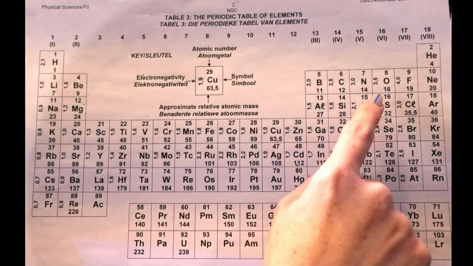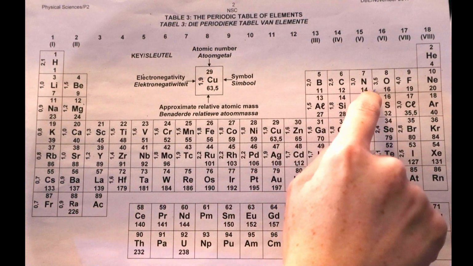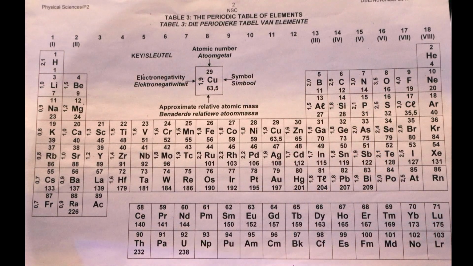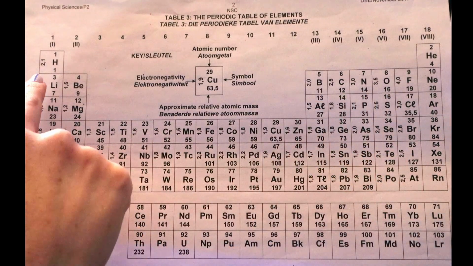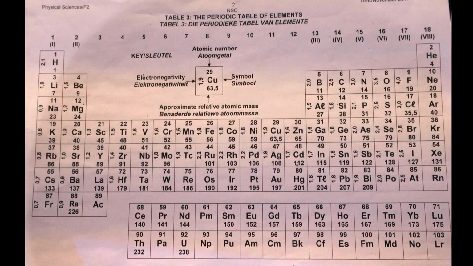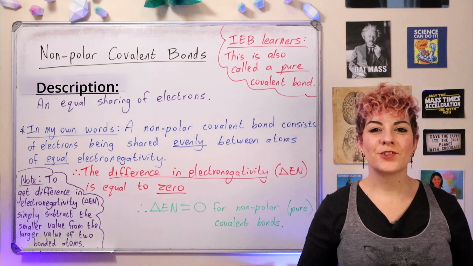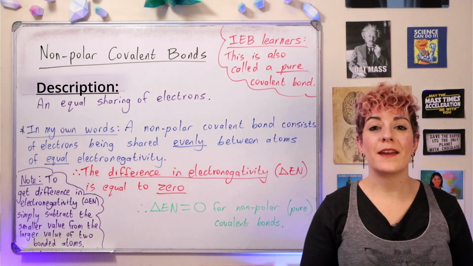For example, the electronegativity of oxygen is 3.5, and the value of electronegativity ranges from 0 to a maximum of 4, and electronegativity values do not have a unit. We will be using various elements' electronegativity values when we now determine whether the covalent bond between atoms is polar or non-polar. Right, so starting with non-polar covalent bonds.